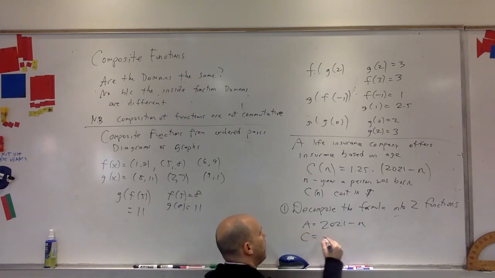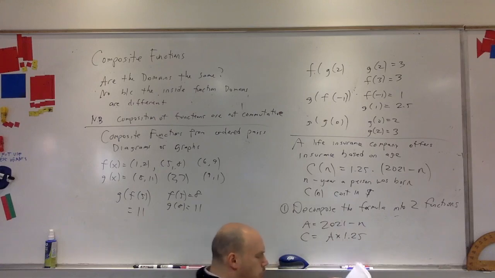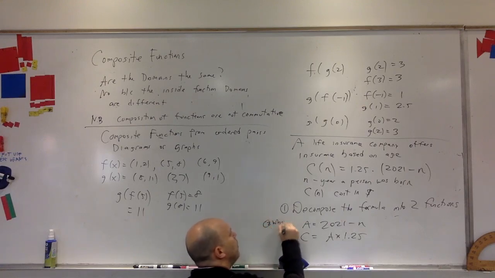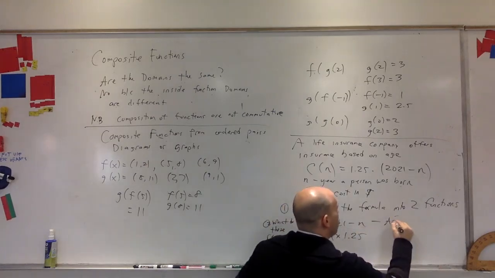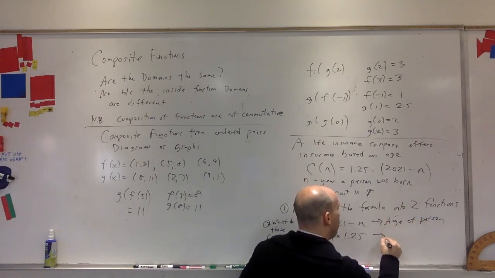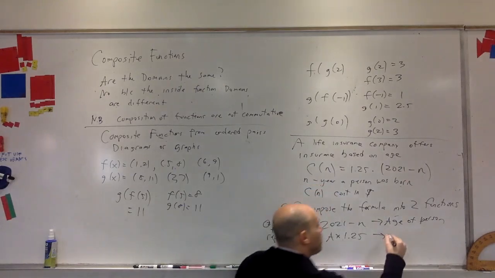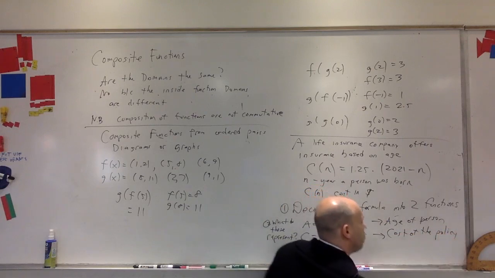The cost seems to be A times 1.25. Part B: what do each of these represent? Well, the A is the age of the person. And what does the second formula represent? The cost of the policy.